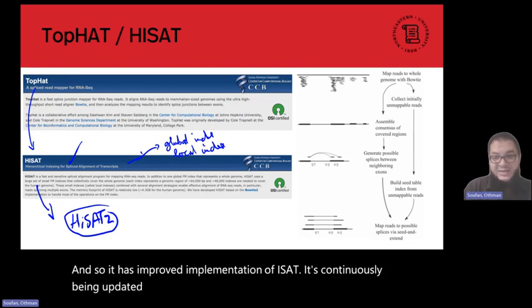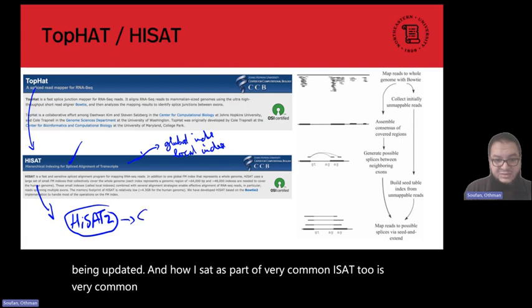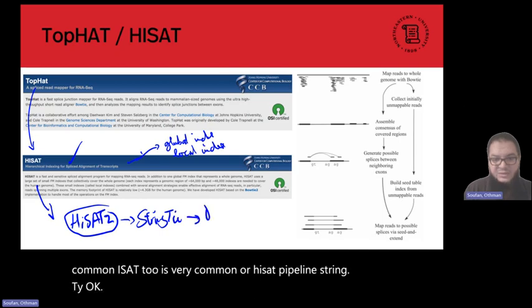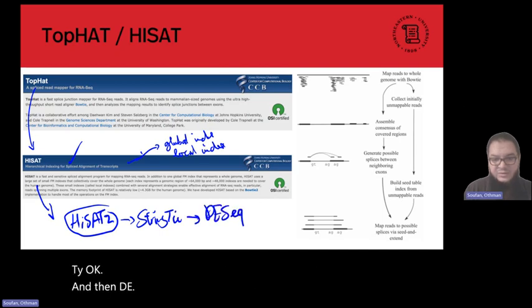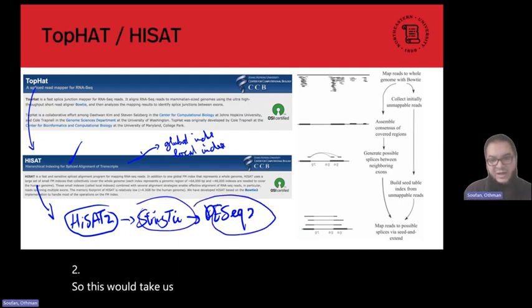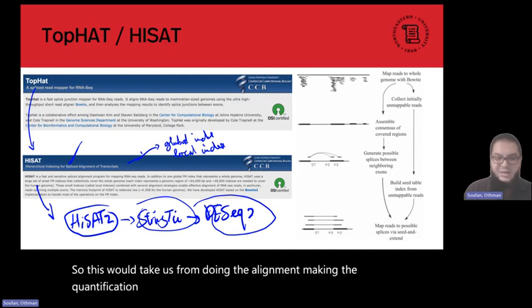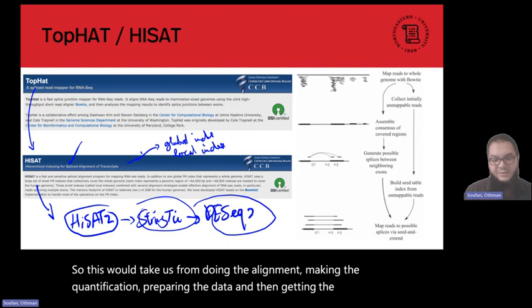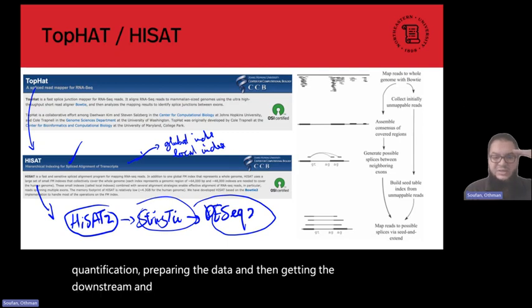HISAT2 is a very common part of a pipeline with StringTie, okay, and then RNA-seq 2. So this would take us from doing the alignment, making the quantification, preparing the data, and then getting the downstream analysis, basically listing the genes that are differentially expressed.